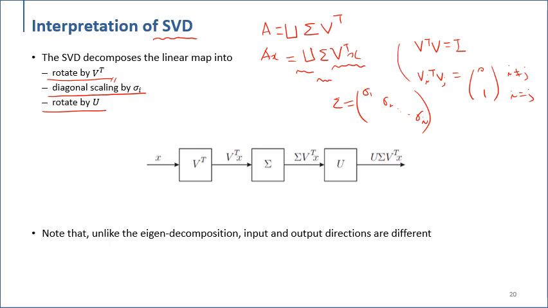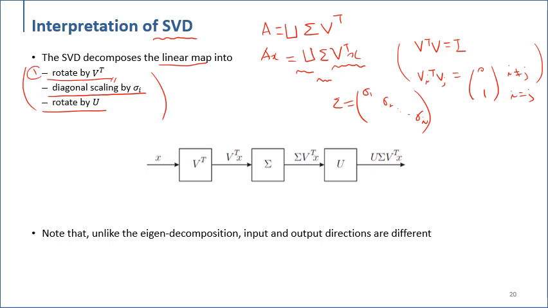Similar to the V matrix, U is also an orthogonal matrix, so it's composed of unit vectors, and it just rotates by U. So SVD decomposes the linear mapping into rotating, diagonal scaling, and rotating.